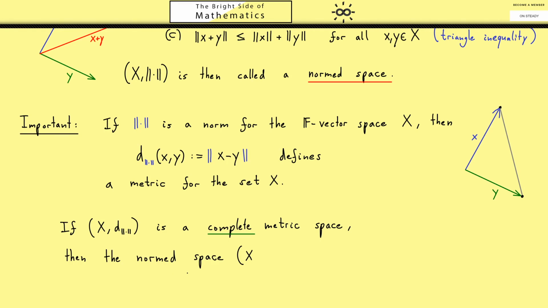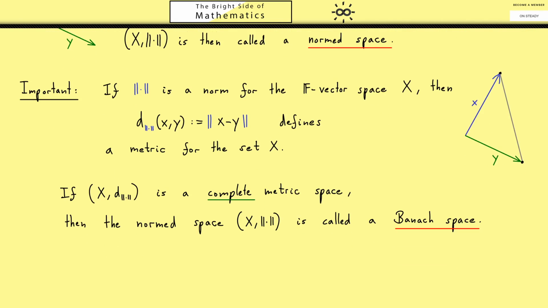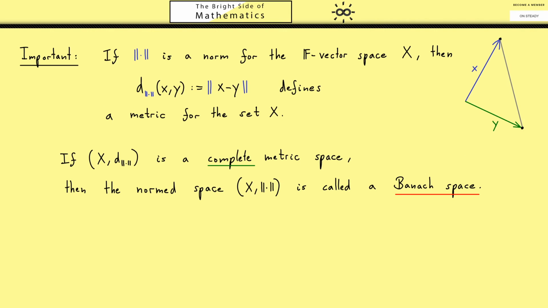In this case then, the original normed space, X with its norm, gets a special name. We call it a Banach space. Okay, so now you know the definition of one of the most important objects in functional analysis. So you see, we have ingredients from the algebraic side and also from the analytical side.